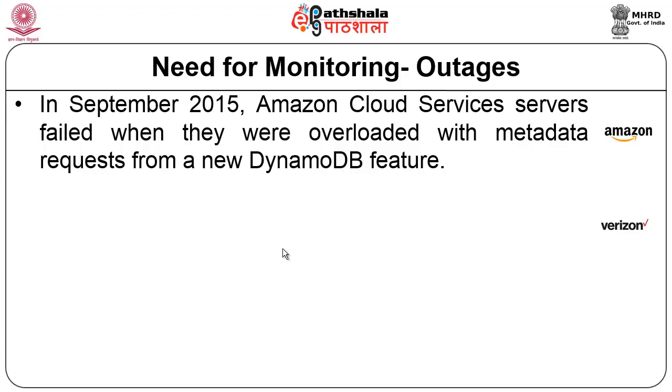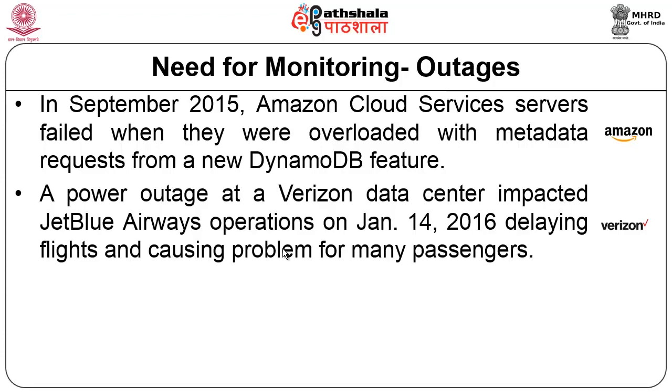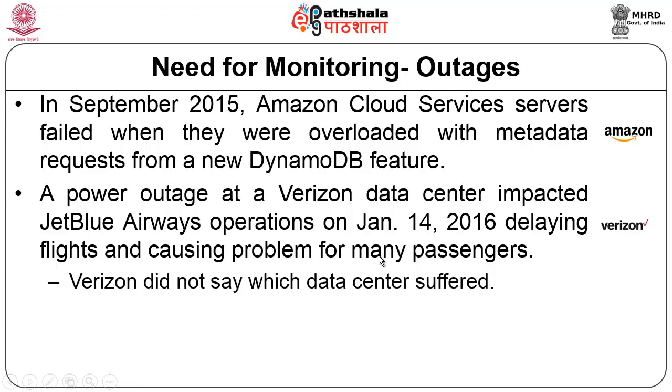In another system, Verizon, a power outage in the Verizon data center affected a customer called JetBlue Airways, an American airline, whose passengers could not book flights and had many problems. That happened in January 2016, but Verizon did not reveal which other data centers got affected.